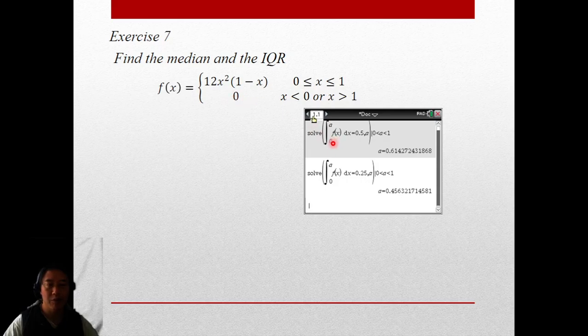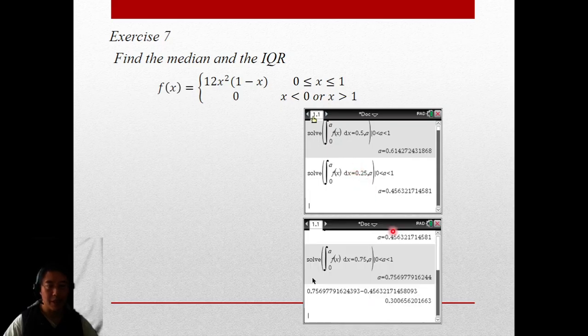You go from 0 to a, where a is the variable we want to find out, and that integral needs to be equal to 0.5. That's for your median. We do that for the lower quartile, 0.25, and for Q3, the upper quartile.